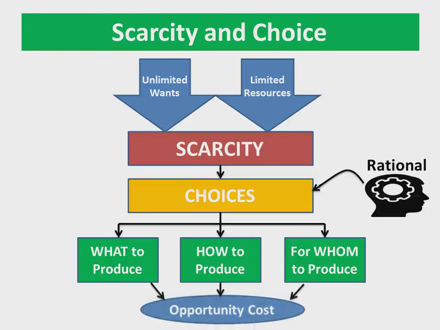Given this, we can now look at opportunity cost, because out of all this, you will have to make a trade-off. You will have to give up some resources that were meant for the production of drinks and channel them to the production of clothes, so that you increase cloth production. So we are faced with a cost called opportunity cost, which is the value of the best alternative forgone.